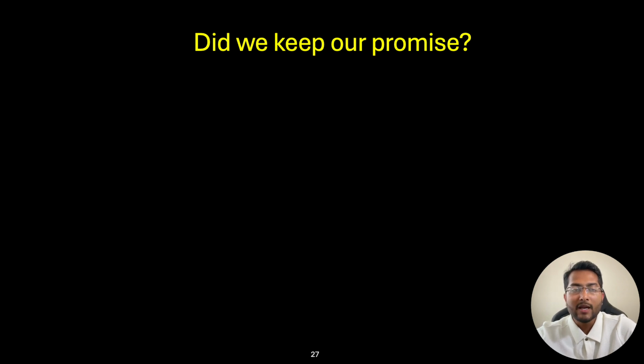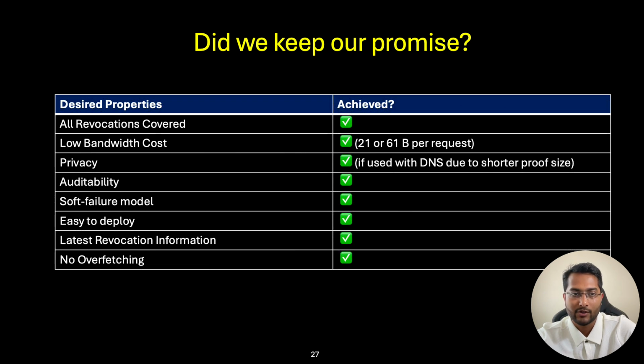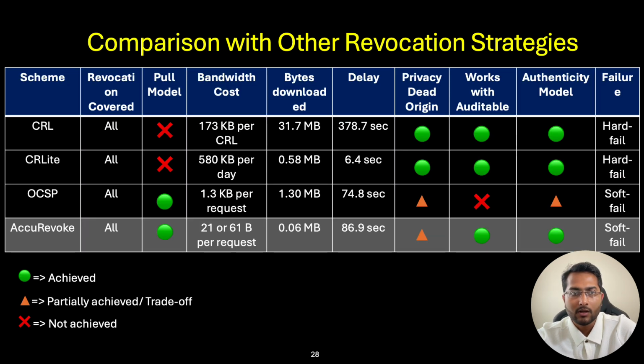At the very beginning, we tried to show that we should have these sorts of properties in a standard revocation scheme. So could we actually achieve that in AccuRevoke? We are claiming that we achieved all the properties that are desired in a standard revocation scheme. This is a comparison of AccuRevoke with other revocation strategies.